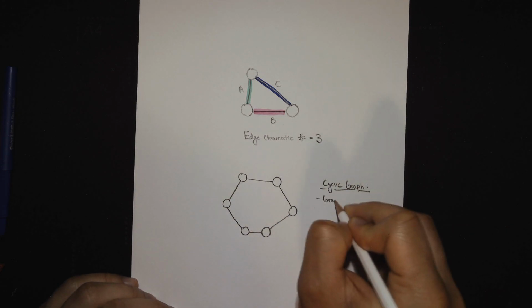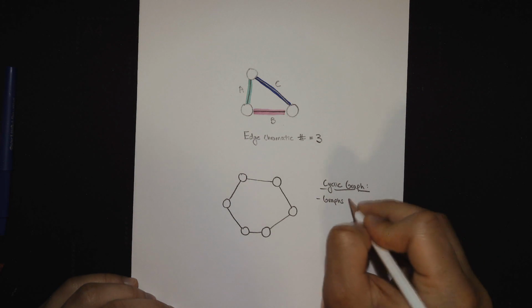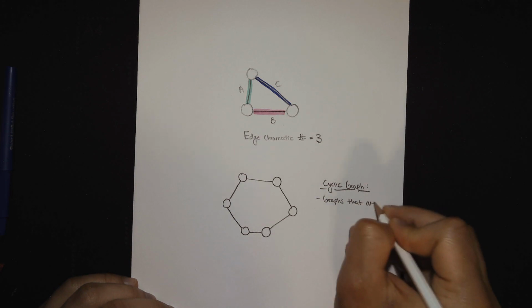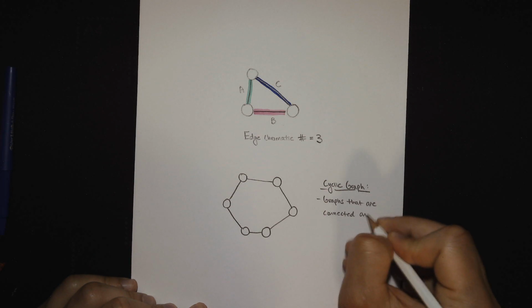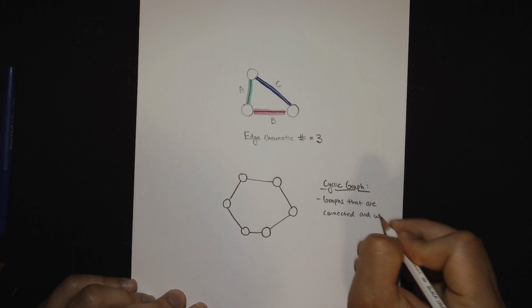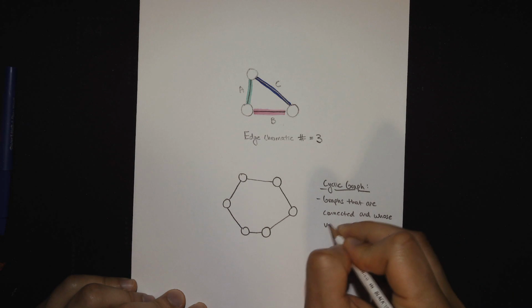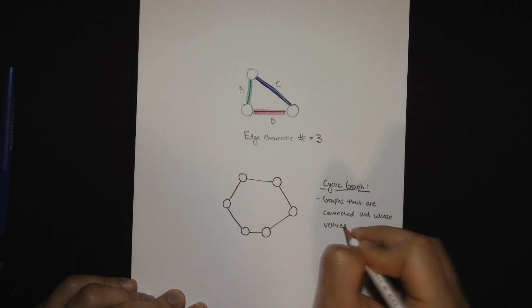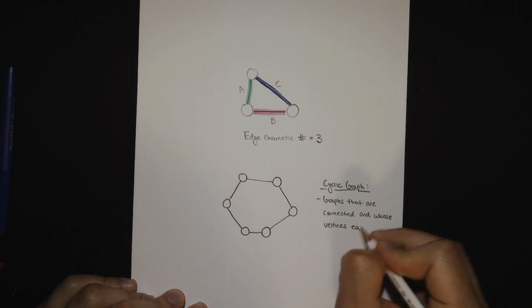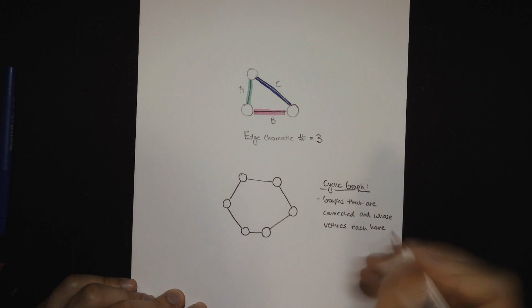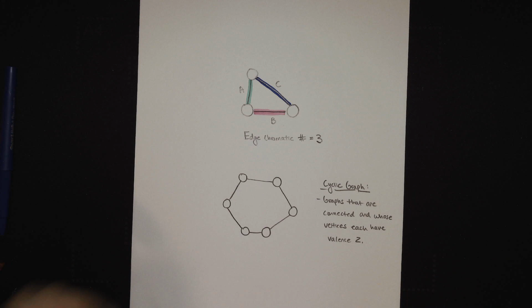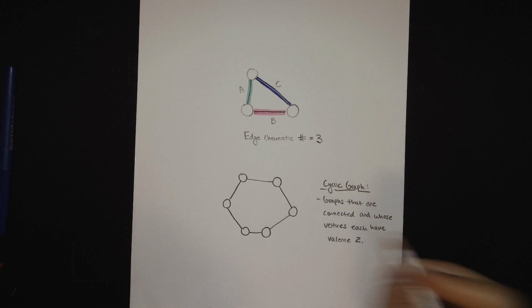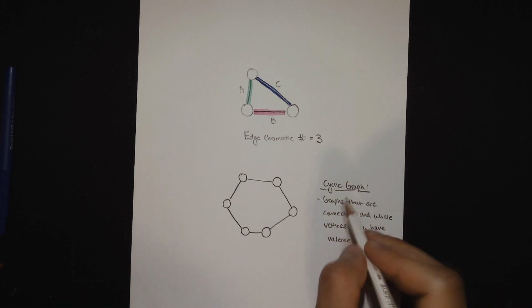These are graphs that are connected and whose vertices each have valence 2. These are the properties that define graphs in this family.